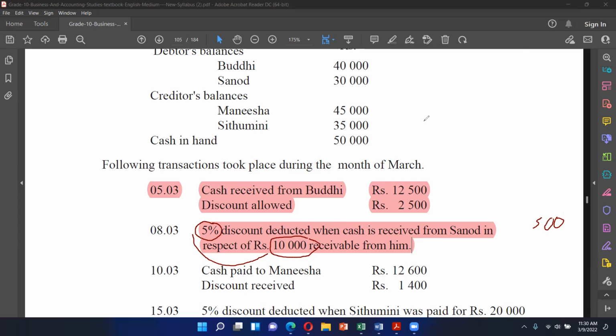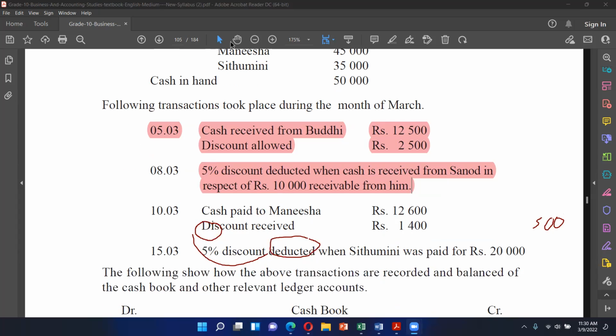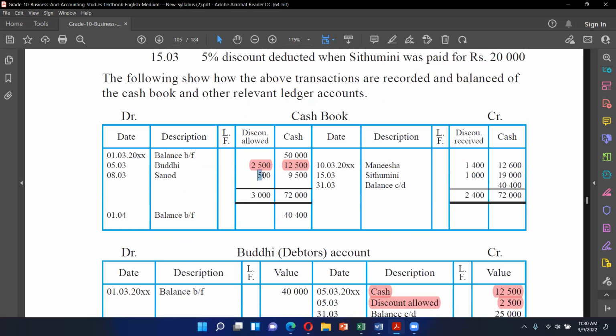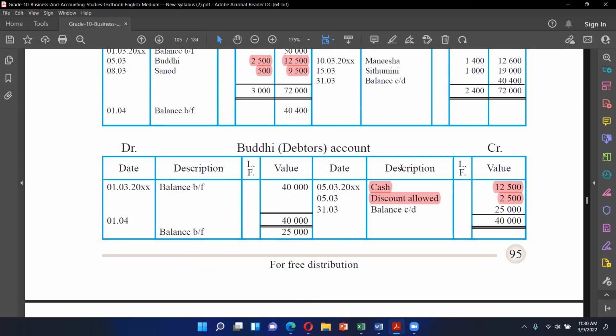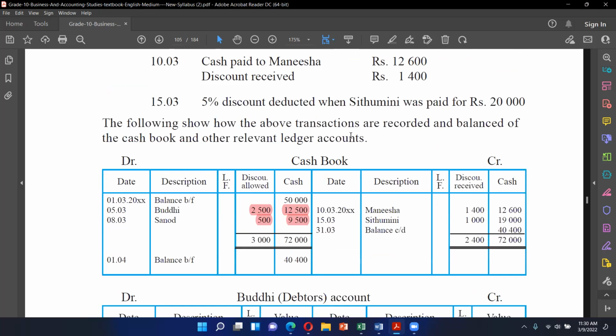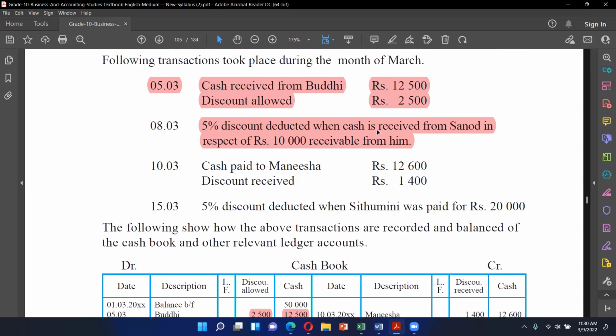We look at the answer. Sanod: discount allowed column 500 and cash column 9,500. In Sanod's account, cash 9,500 and discount allowed 500. Is it clear, everyone? Is it clear the discount allowed part and the calculation part?